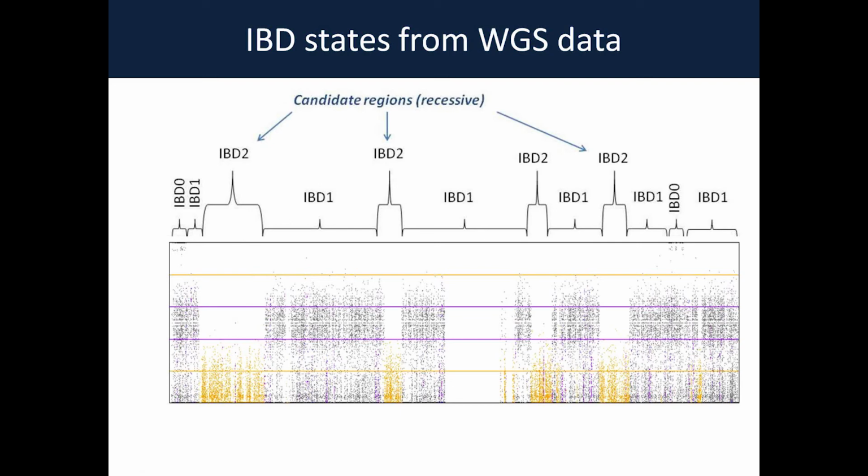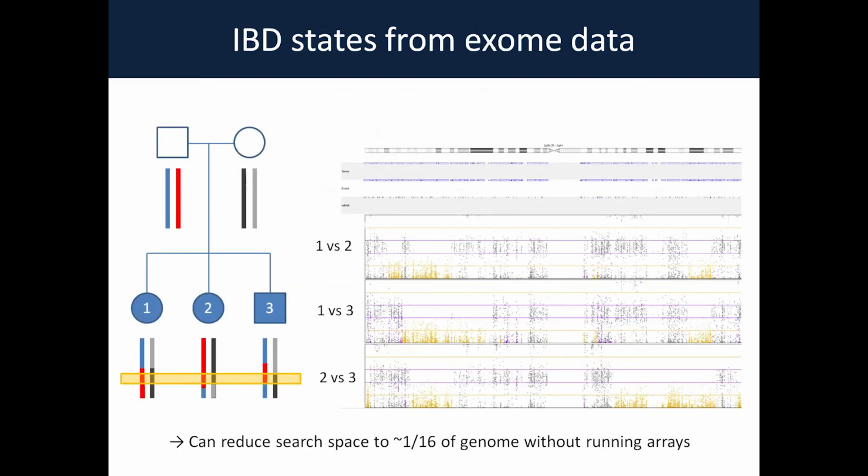We found that a lot quicker than cleaning the data, formatting it for Merlin and running Merlin. We thought this was quite a nice application. This is showing exactly the same thing but from exome sequencing data. Although it's not quite as clean, it's still reasonably clear.